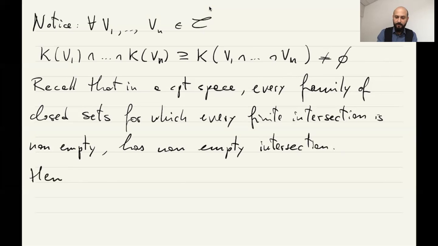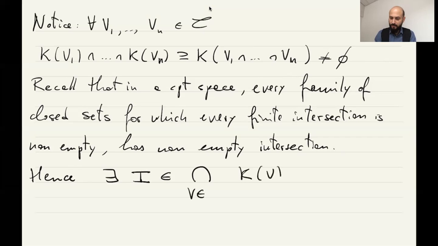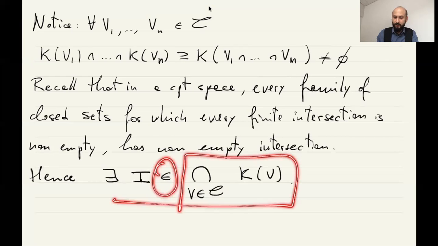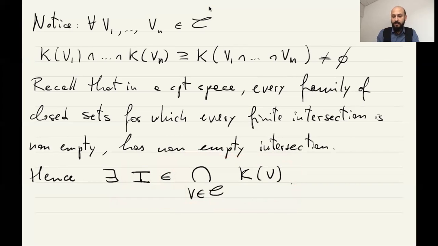Hence, in particular, there exists a point in the intersection of all the K_V when V varies in the whole family C. Okay, so we can take an element in this intersection. Let's call it I, and let's show that I is the operator that we were looking for.